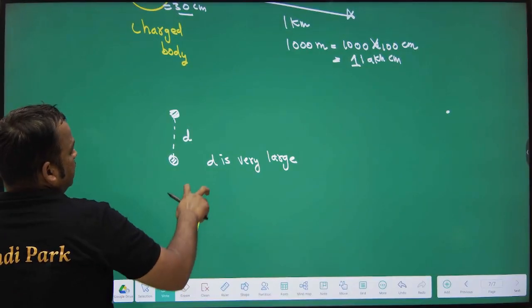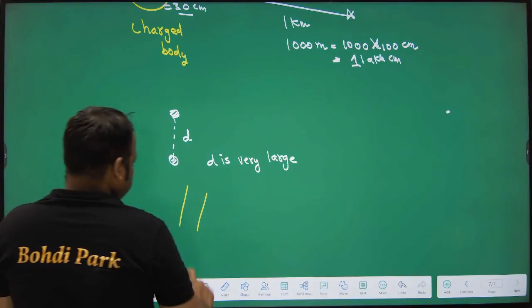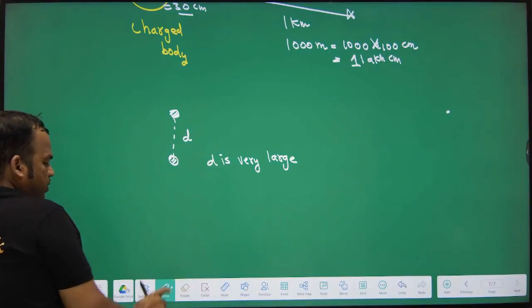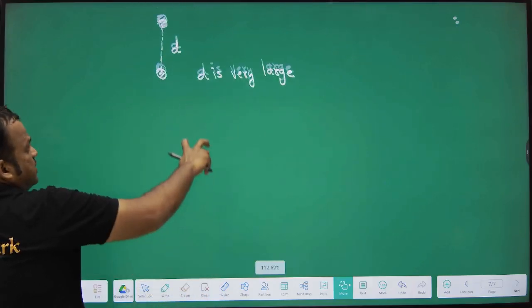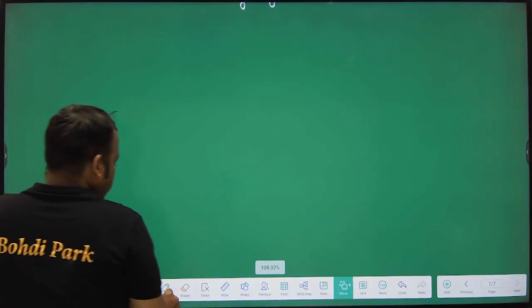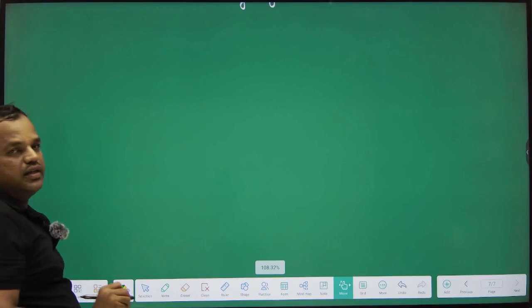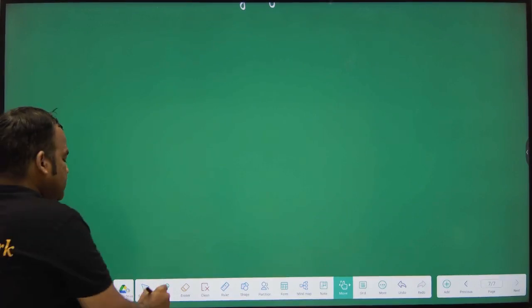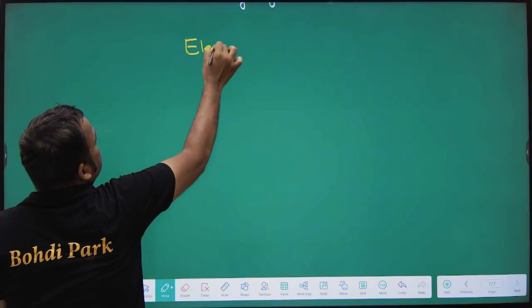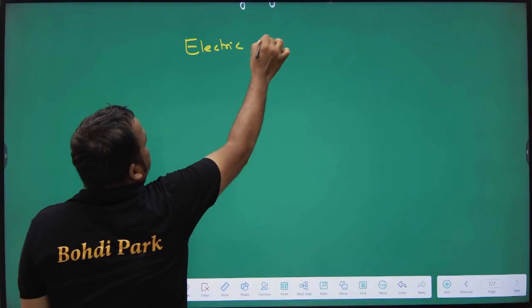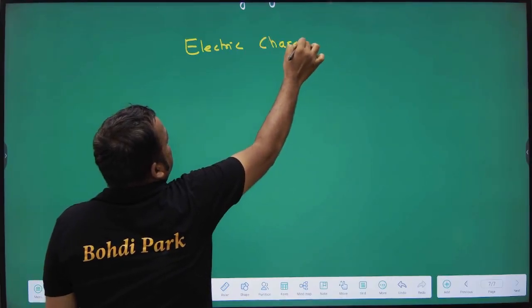Now how to denote it? What is the symbol for charge, and is it a physical quantity? Yes, it is a physical quantity. It is a derived quantity, not a fundamental one. So now we are starting the introduction of electric charge.